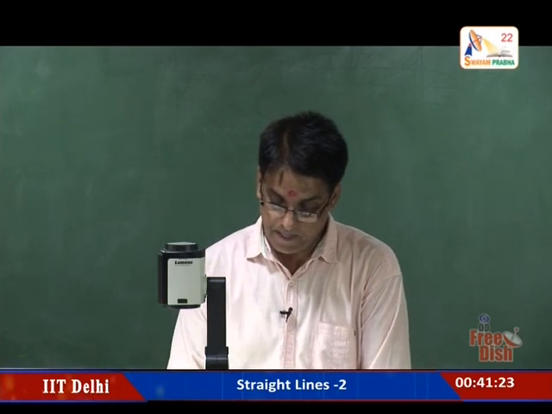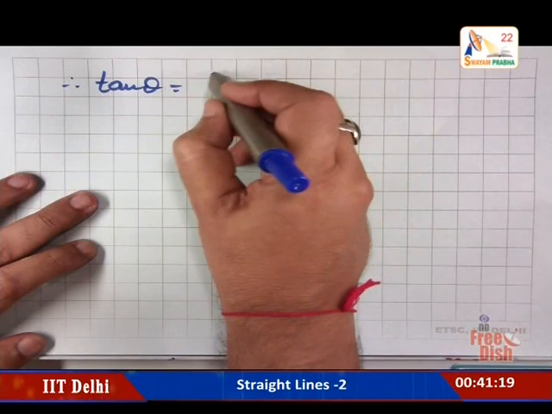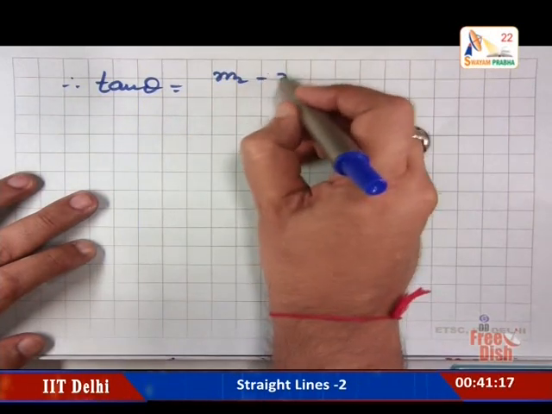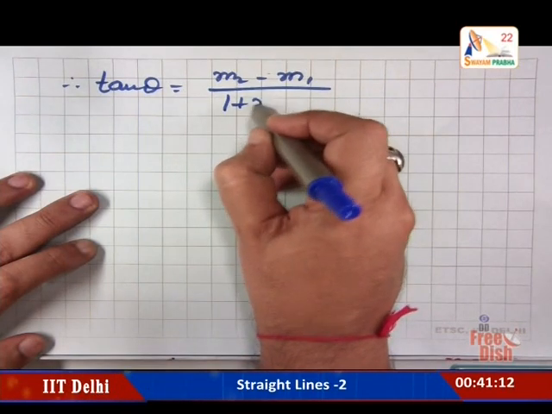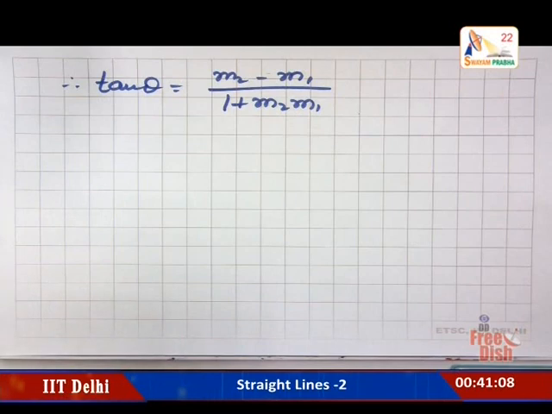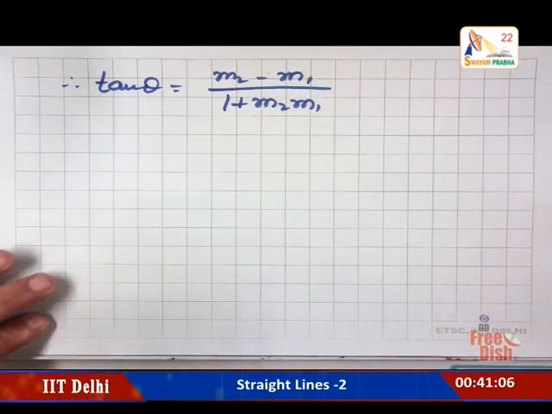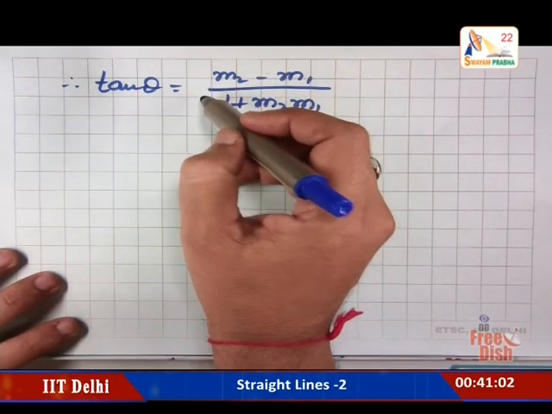So tan theta is equal to M2 minus M1 by 1 plus M2 into M1. If the sign of this is plus, then this is an acute angle.